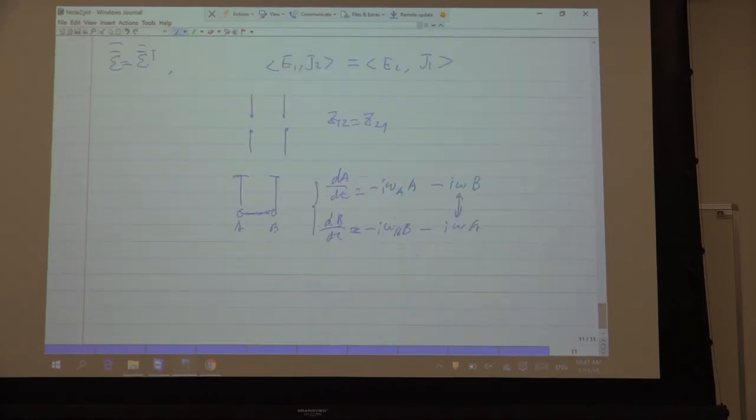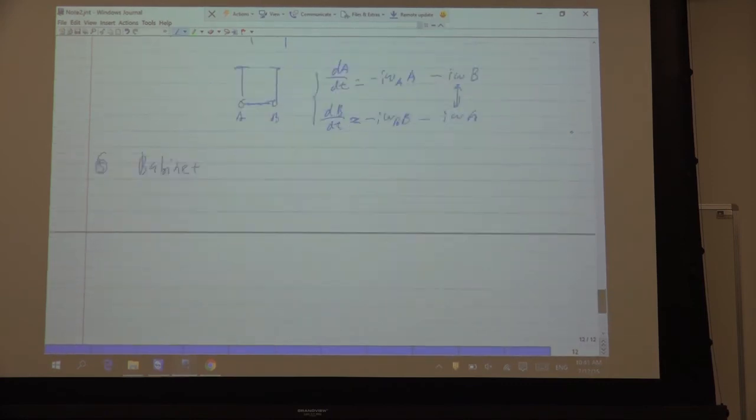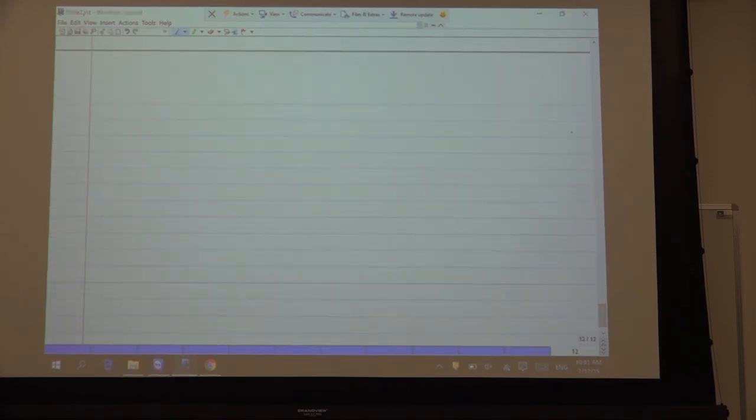Finally, the theorem you learn is called the Babinet principle. They have a screen. The Babinet principle says there is a source, and they have a total field E here.